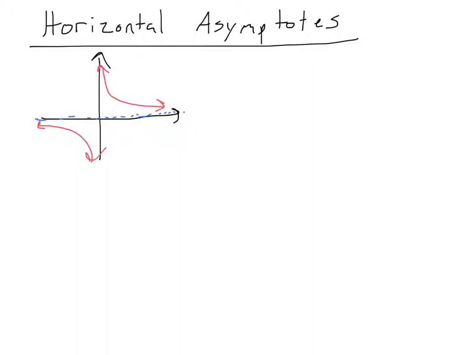And you could have other examples of functions where maybe the horizontal asymptote is not 0. Maybe it's something else. So, like for instance, this function right here. It helps to start with a horizontal line.